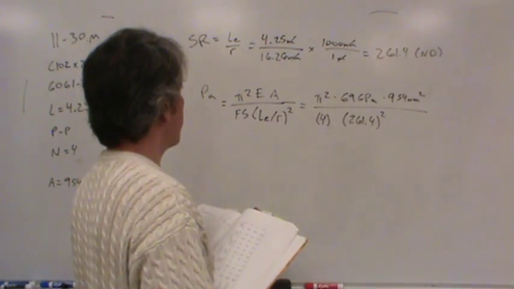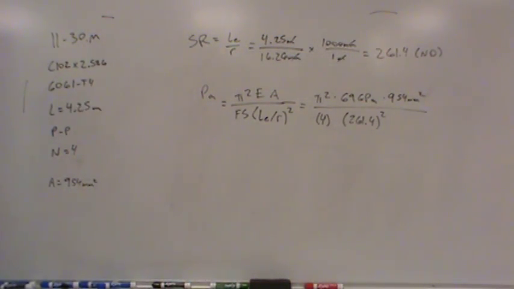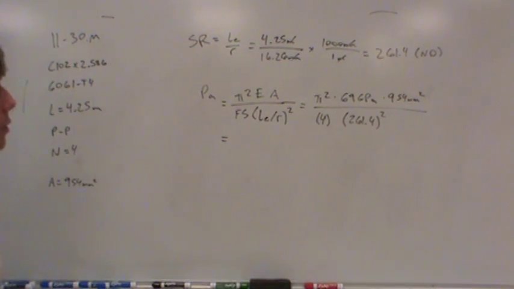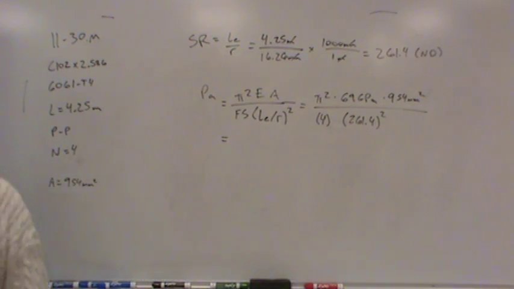We should end up with a load in what units? Gigapascals times millimeters squared. So what units? Kilonewtons. That's right. So plug it into your calculator, please. See what we get. Pi squared times 69 times 954 divided by 4 divided by 261.4 squared.